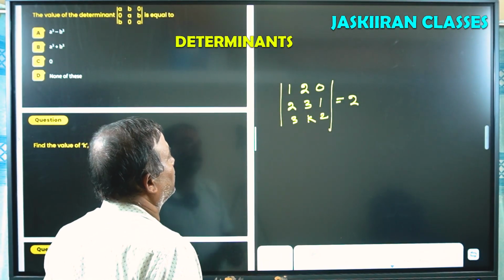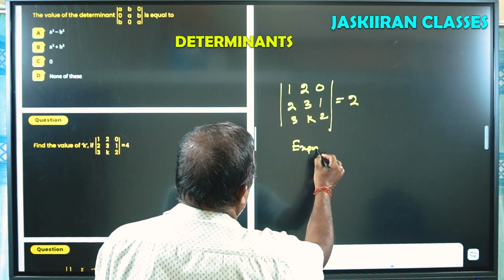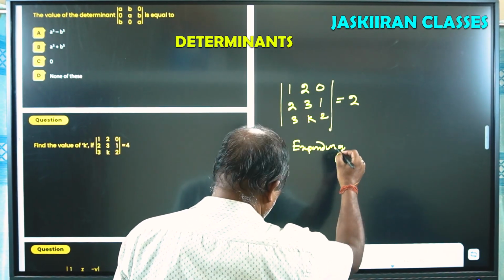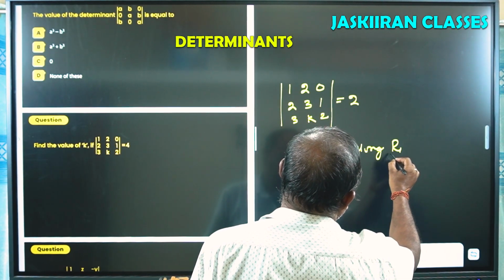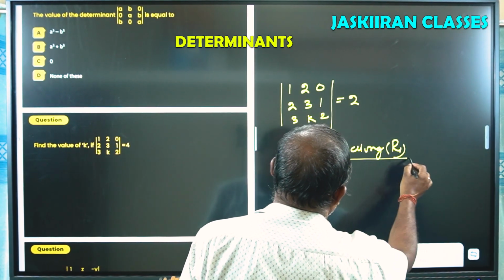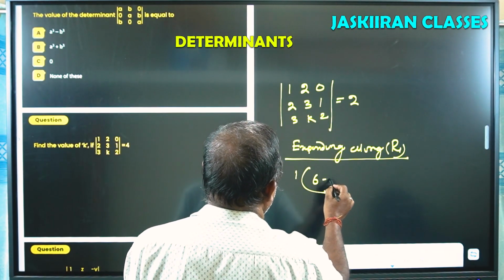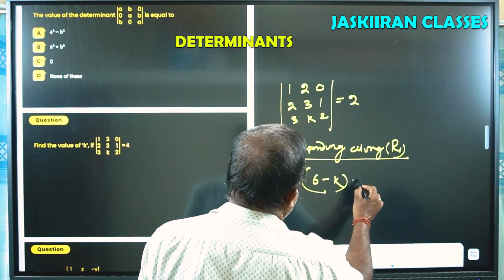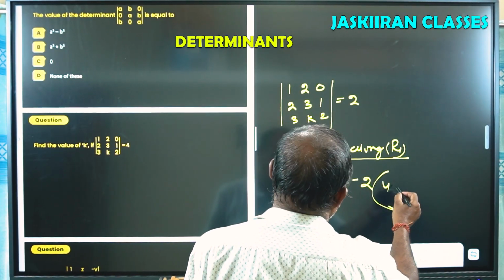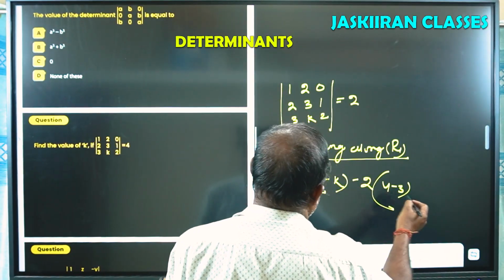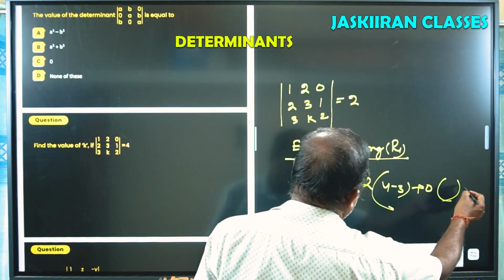So now we expand along R1. We get 1 into (12 minus K), minus 4 into (8 minus 3), plus 0 into something, which is equal to 0.